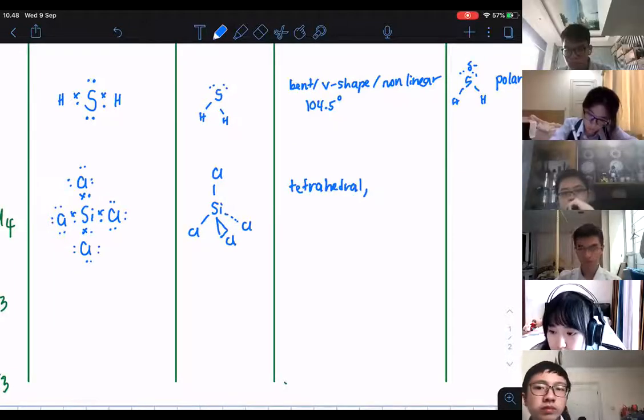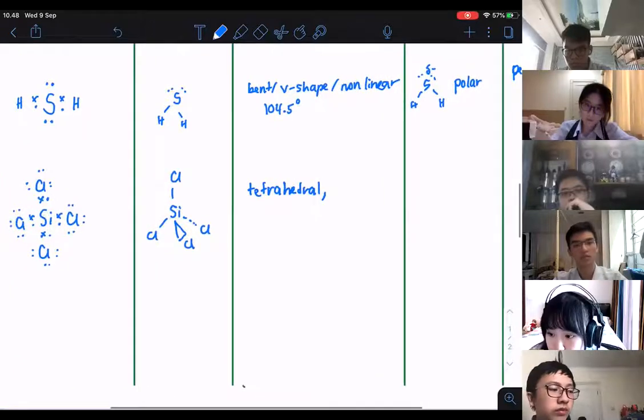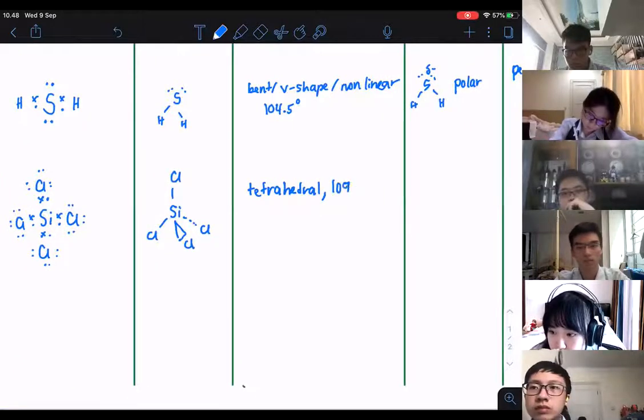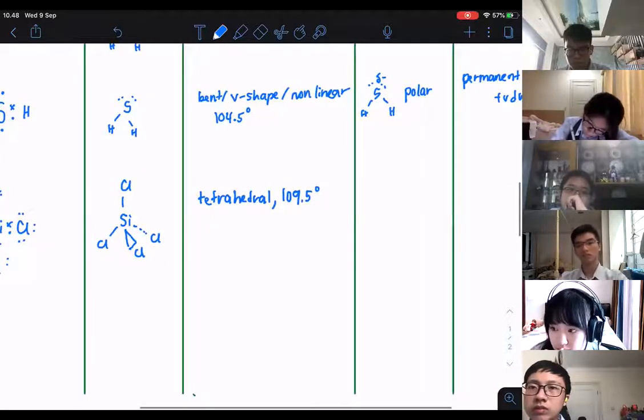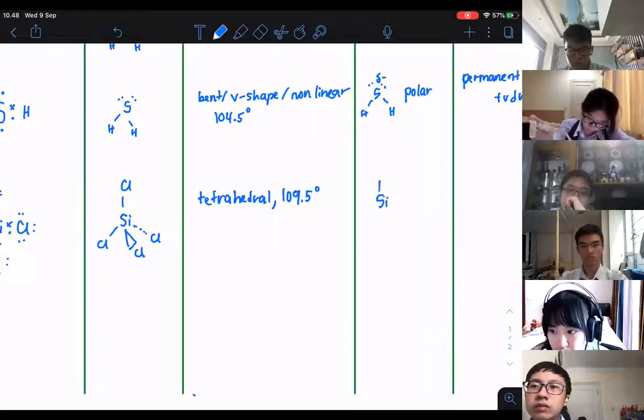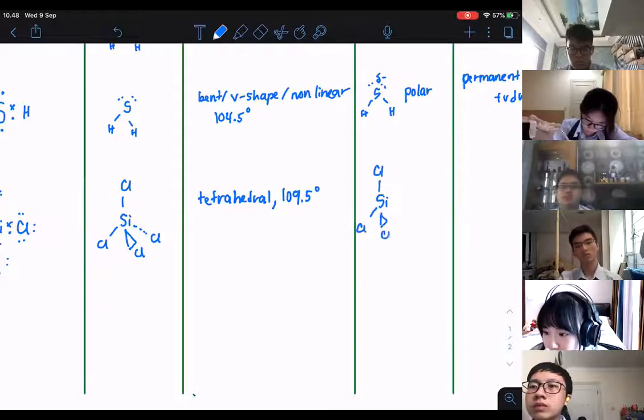And what is going to be the bond angle? Thompson, what is the bond angle? 109.5. Yeah, 109.5. And if I want to show whether they are polar or non-polar, do remember, even though the bond is polar, the dipole moments will cancel each other out.